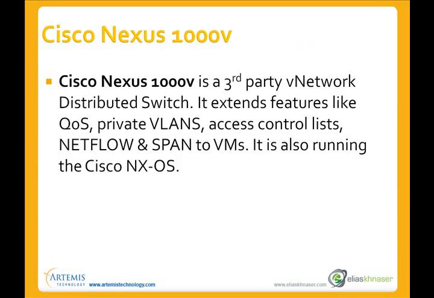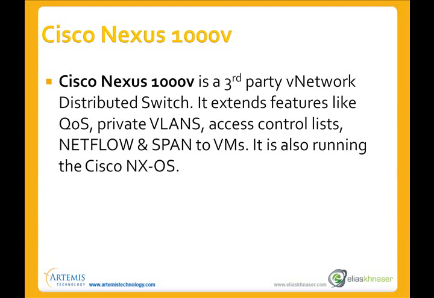And that leads us automatically into the Cisco Nexus 1000V. The Cisco Nexus 1000V is a third-party vNetwork distributed switch. Think of it as a plugin, as an enhancement to vNetwork distributed switch that allows you to do stuff like quality of service, private VLANs, access control lists, and so on and so forth. And since it's also running Cisco NX-OS, this gives your networking team more insight into it because they're familiar with that OS from the different networking gear that they're using in the data center.